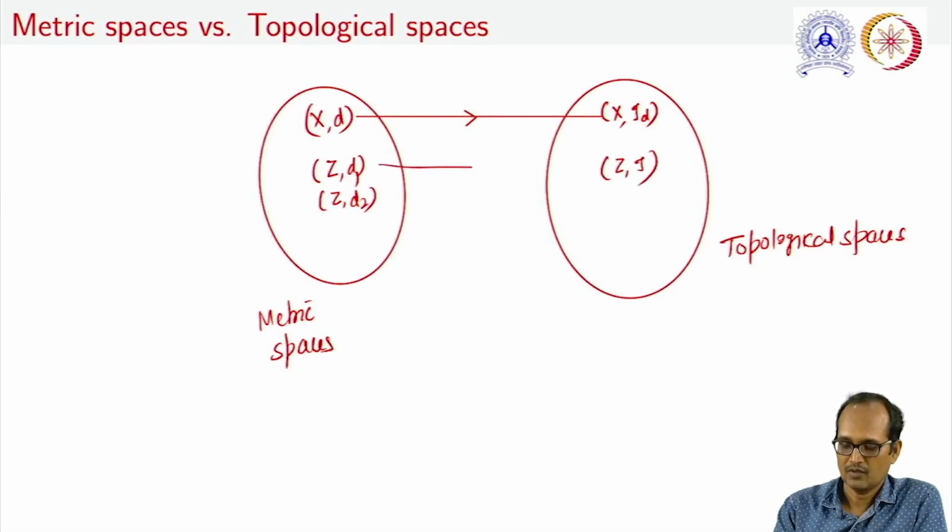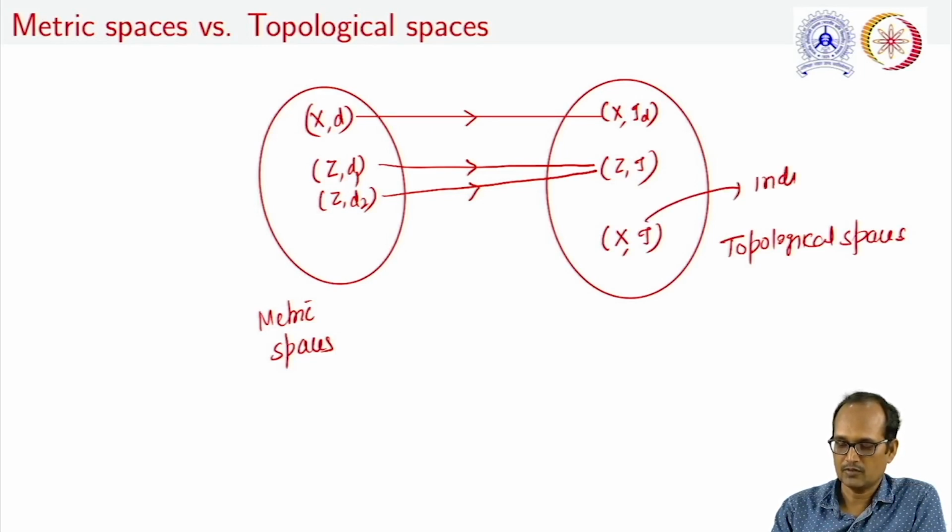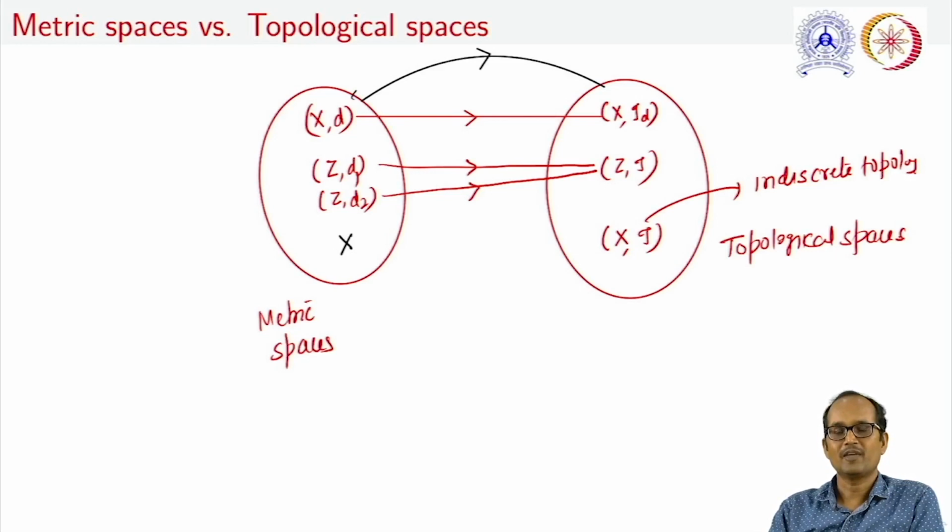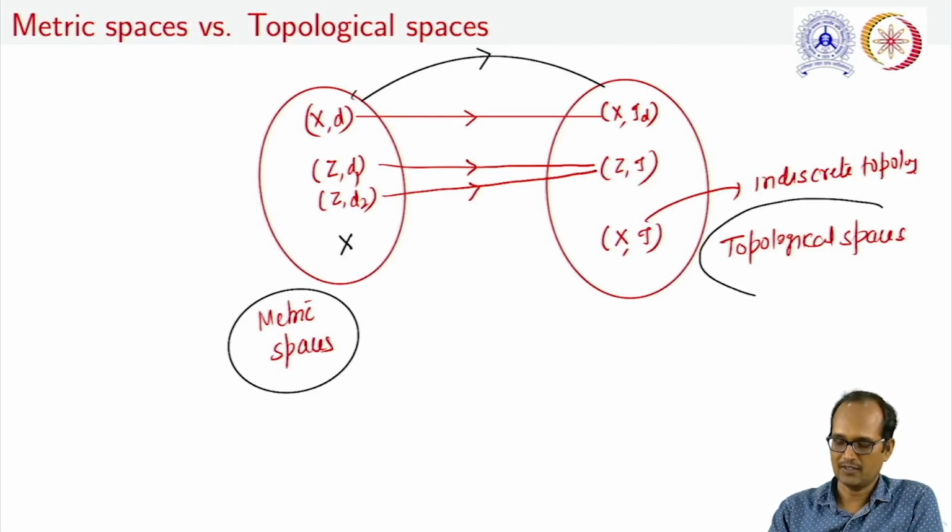Meaning that two distinct metrics may induce the same topology. And finally, what we have seen is that if we take a set X with a topology tau, and tau is an indiscrete topology, then corresponding to this topology there does not exist any metric on X. What we can conclude from here is that if we define a function from the collection of metric spaces to the collection of topological spaces, then this function is neither one-one nor onto.